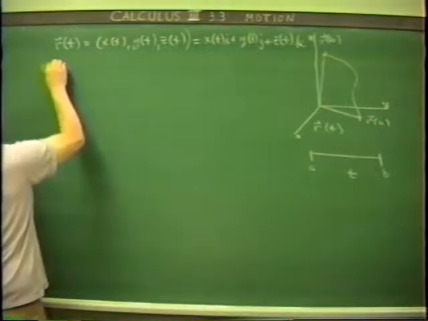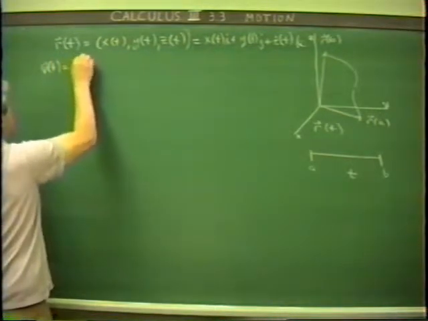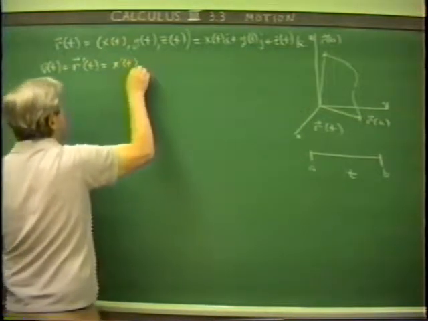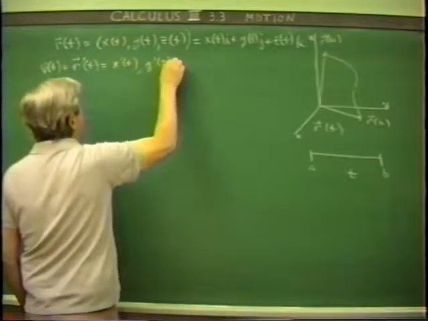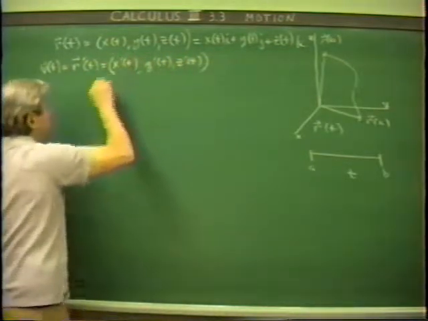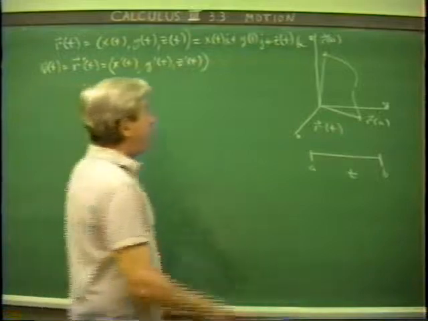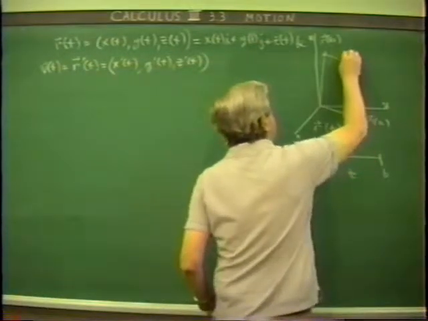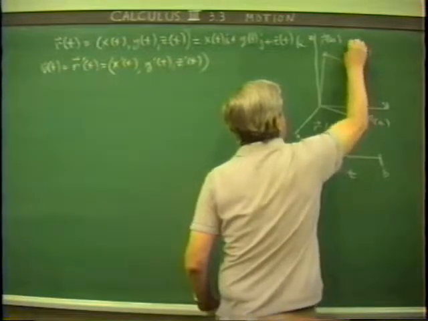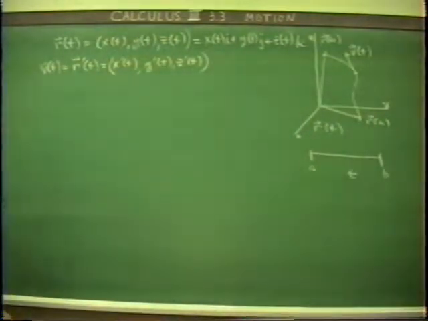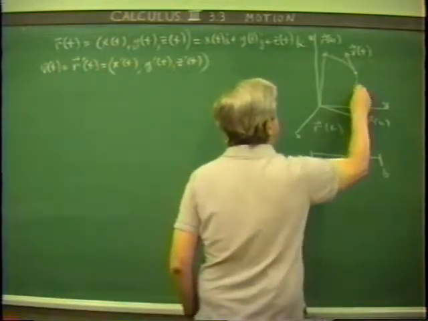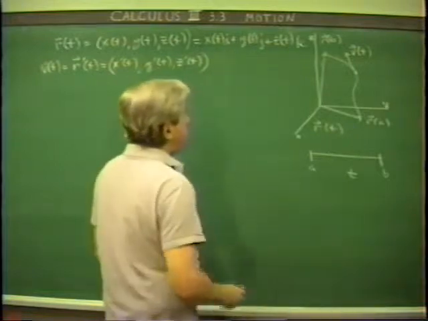Okay, then v of t, as in the plane, is found to be the derivative of r of t, and this is going to be x prime of t, y prime of t, z prime of t, and it's going to be a vector at each point t, which points in the direction of the tangent, the natural tangent, or the direction of this curve.